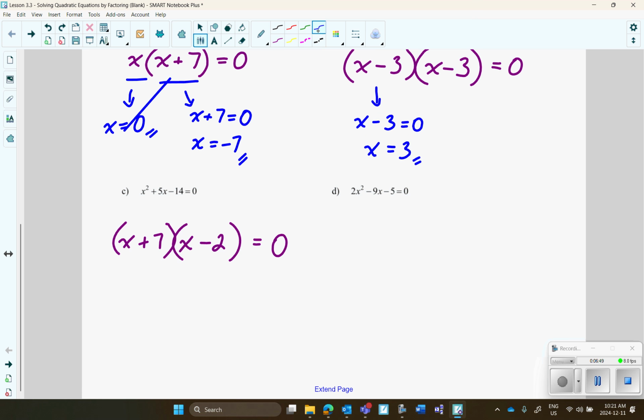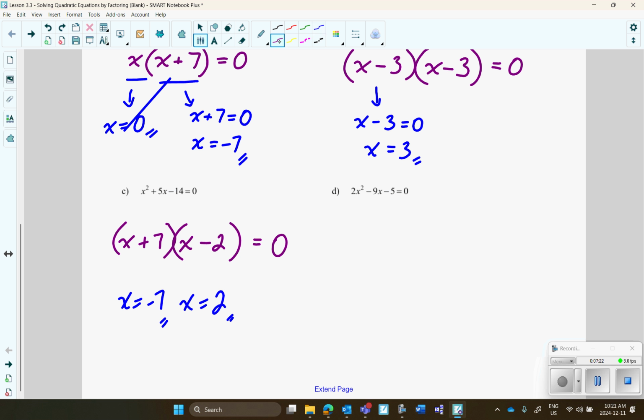Therefore, the answers are x equals -7 or x can equal 2. So notice this is a little different this time, right? Than you guys are used to solving equations where there's one answer. Quadratic equations most times have two answers. There are sometimes it may have one answer, like here. There are sometimes when it has no answers that we'll talk about later.